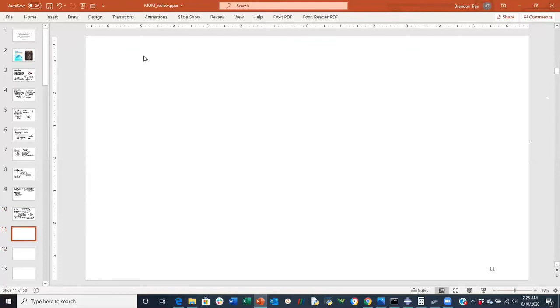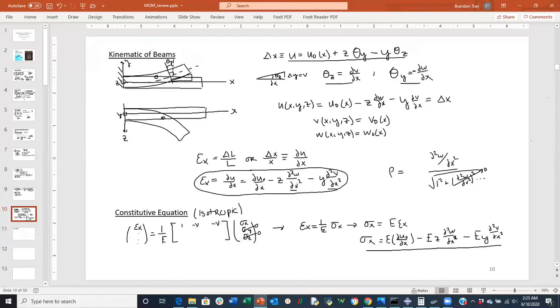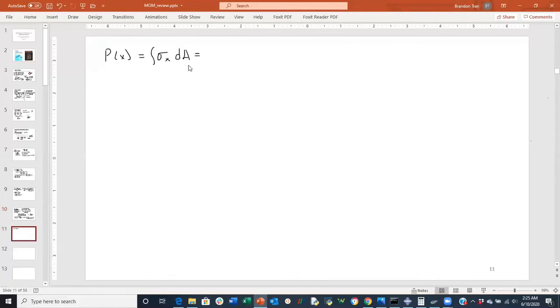The very first thing we're going to do is take the normal load, a function of x, normal stress, and essentially we apply our normal stress equation into this, so we yield the following.